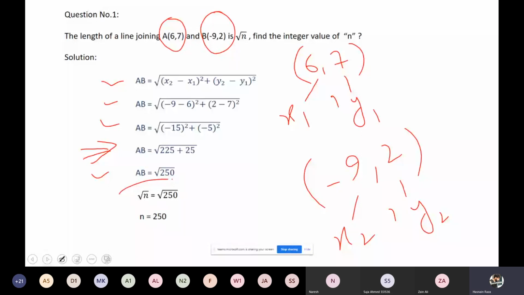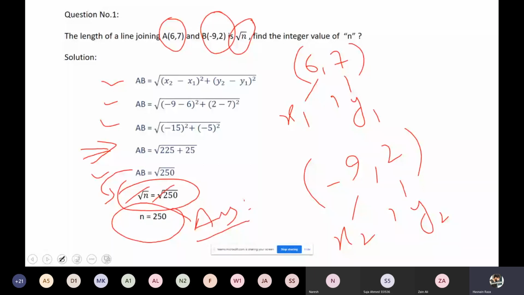We just had to find the value of n. Because it was given that the distance AB is under root n, we squared both sides to cancel the root, and we got the answer. So the answer for this question is 250.